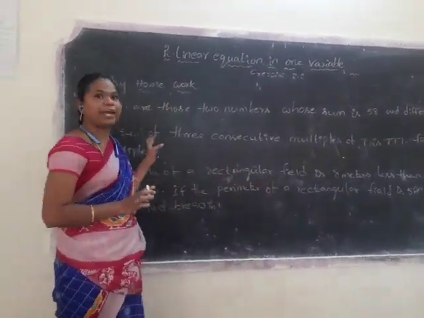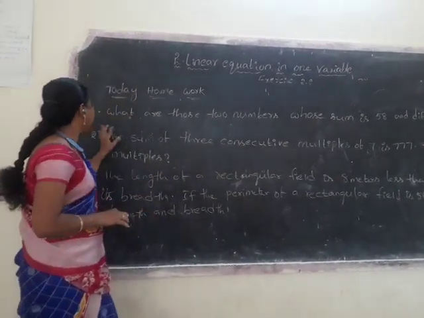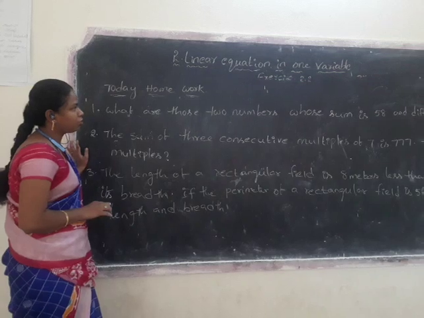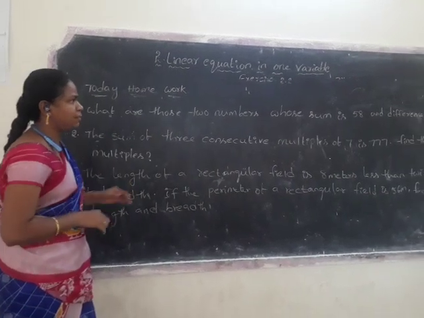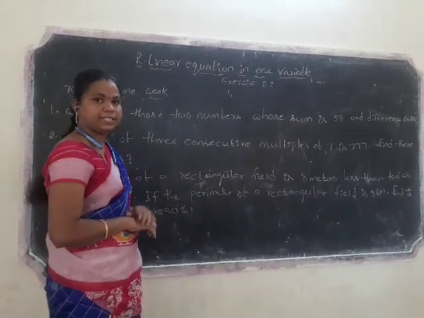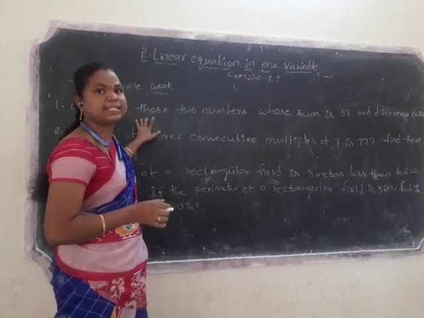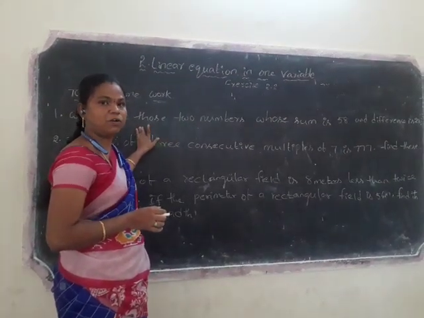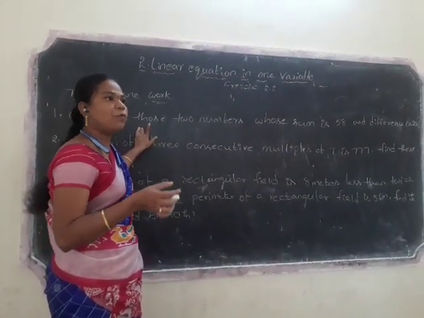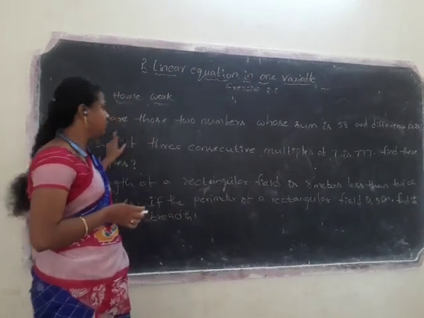Now I will give homework on these types of models. First one: what are those two numbers whose sum is 58 and difference is 28? We did a similar model in the second problem, so students, do the homework on the second problem model.